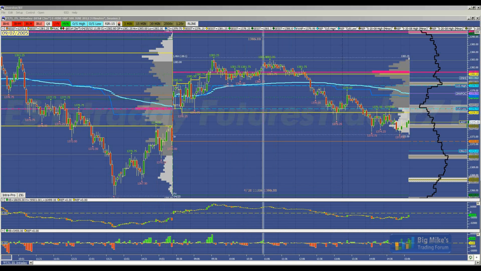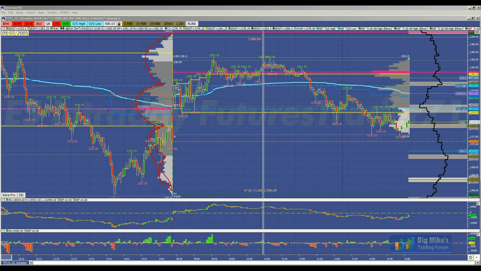Let me grab the pen for a second. Three distinct areas in here. Again, we're talking about the nuts and bolts here. 3 distinct areas. There, and there. Right? Actually, this is really one area of rejected prices.